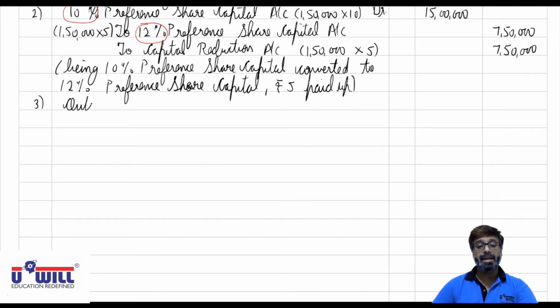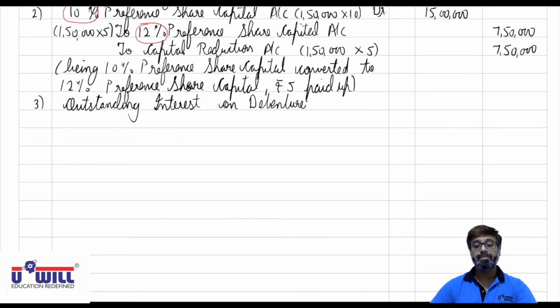So outstanding interest on debentures account debit 2,40,000 to capital reduction account 2,40,000.